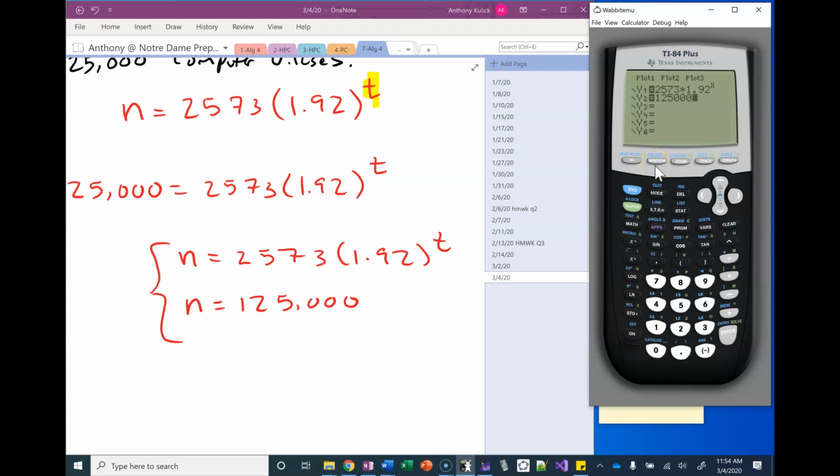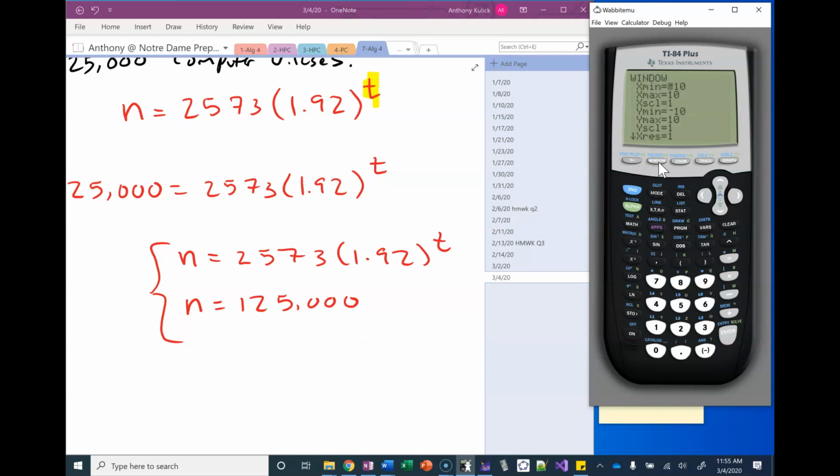Now, if I just hit graph right now, am I likely going to be able to see what's going on here? Probably not. Notice the numbers in this equation are very big. So we're going to have to pick a window here that makes some sense. So in our function here, x was the same thing as what variable? T, right? So t is representing time. So I know time can't be negative. That wouldn't make any sense.